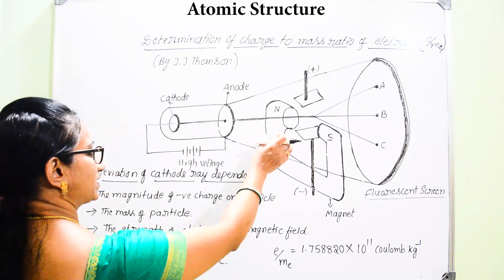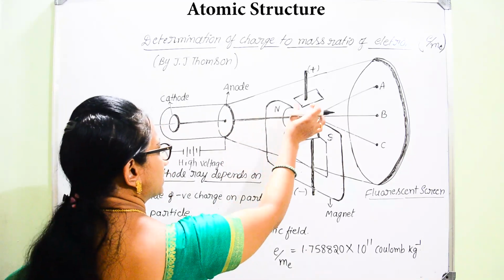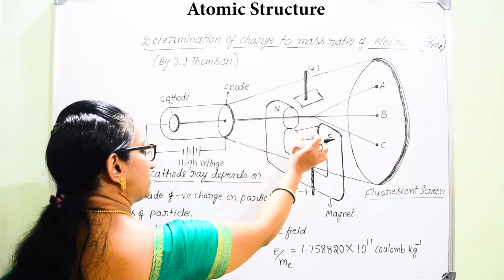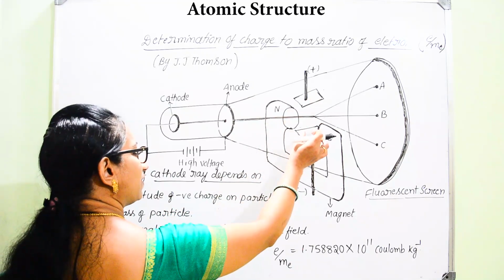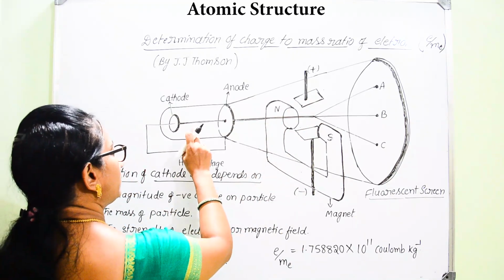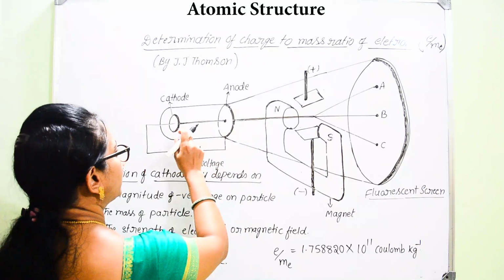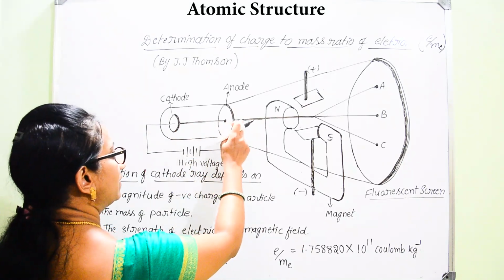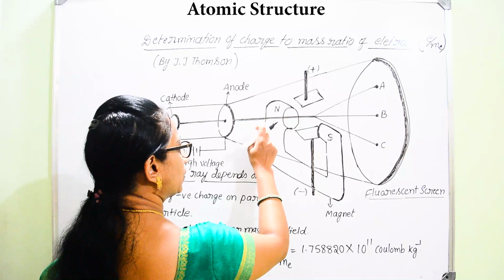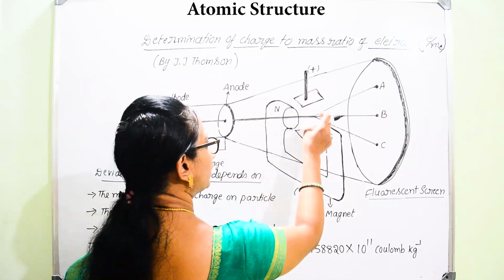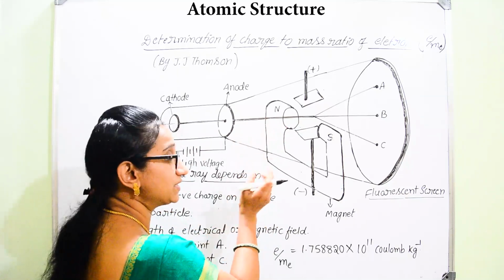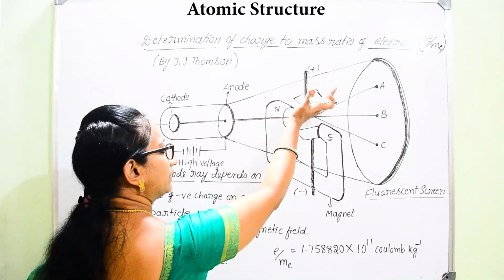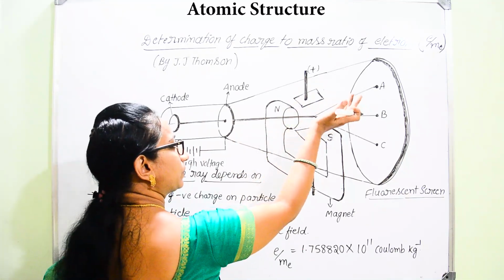Consider first that only the electric field is used, without the magnetic field. He identified that the cathode rays emitted pass through the anode pores. Then under the influence of the electric field, since cathode rays are negatively charged, they are attracted towards the anode plate.